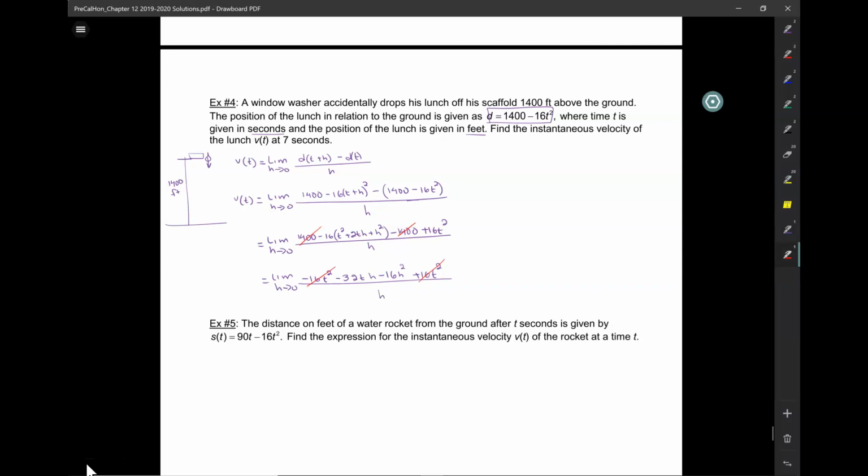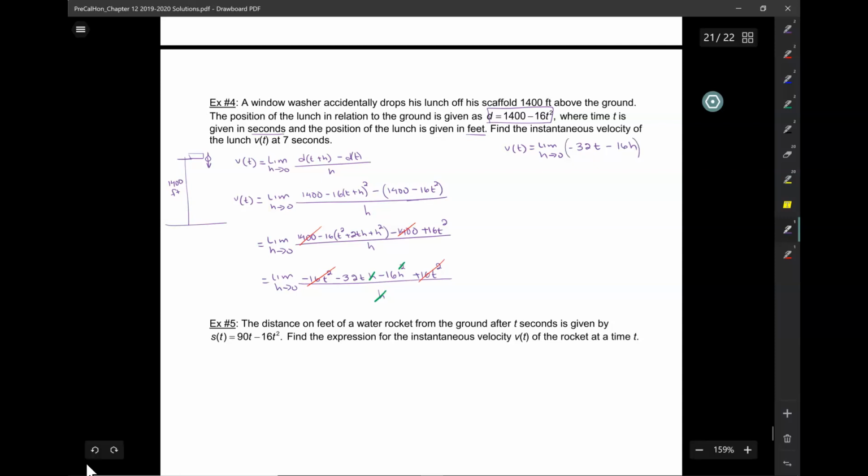Now, can we combine another step here? So I have the negative 32th, negative 16h squared over h. I'm going to cancel out an h from everywhere. So finally I have v of t is equal to the limit as h approaches 0 of negative 32t minus 16h.